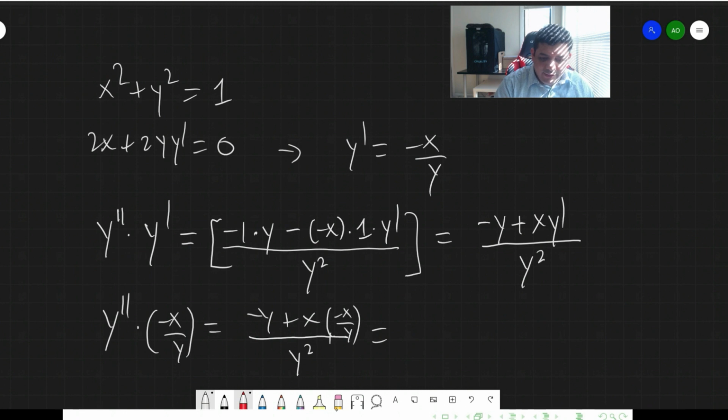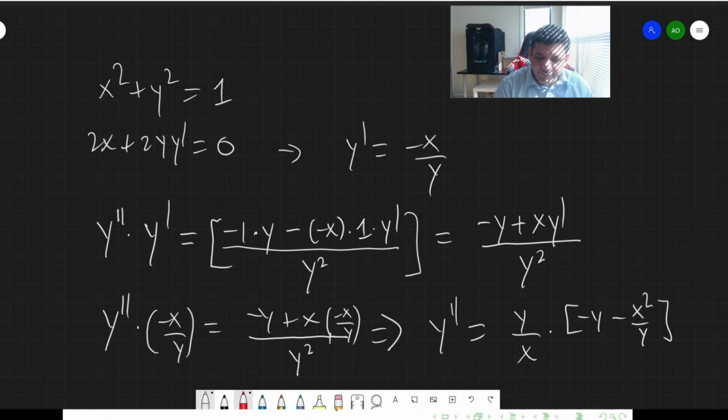And so now that implies that y double prime is equal to y over x times minus y plus, or actually minus x squared over y, divided by y squared. I can of course cancel out one of the y's.